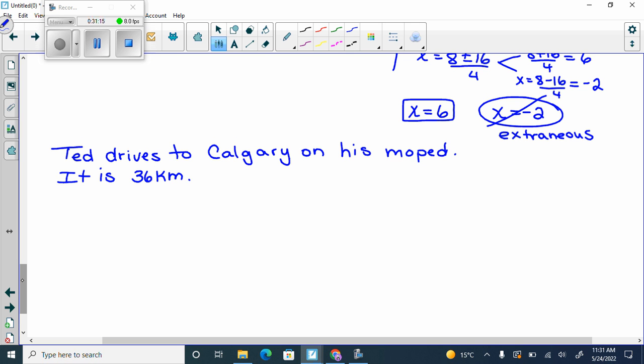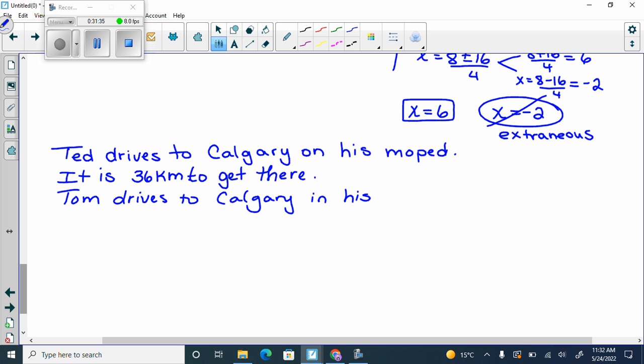Okay. Ted drives to Calgary on his moped. It is 36 kilometers to get there. It takes, this is terrible English, but whatever. Tom drives to Calgary in his motorhome. It is also 36 kilometers away.